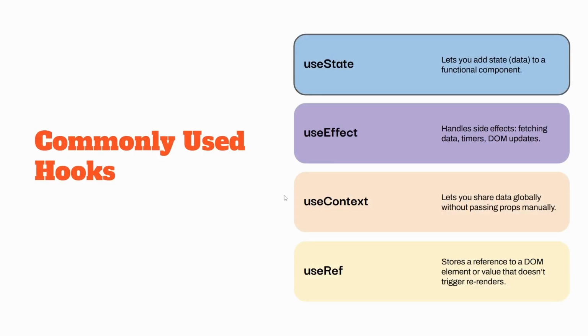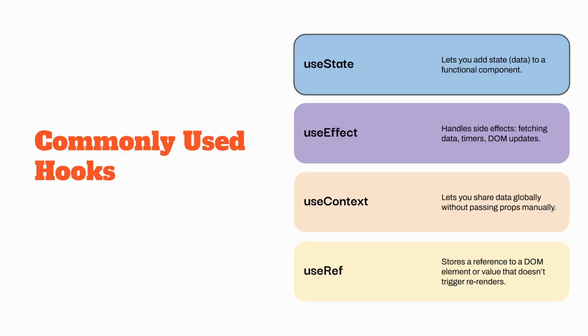These four hooks are popularly used: useState, useEffect, useContext, and useRef. The useState hook is used to manage the state of a functional component.